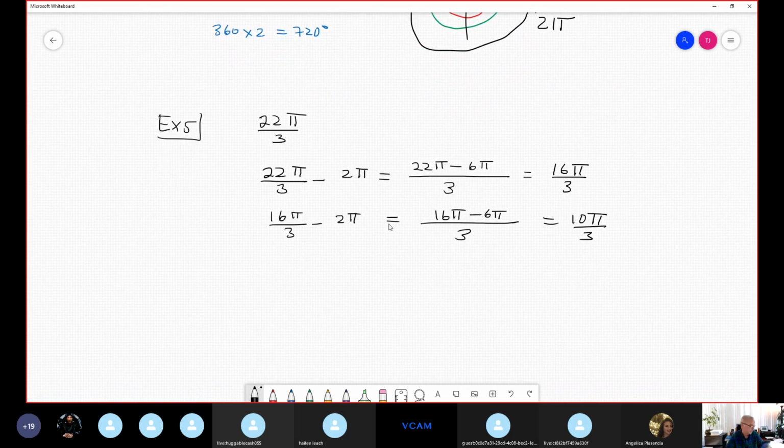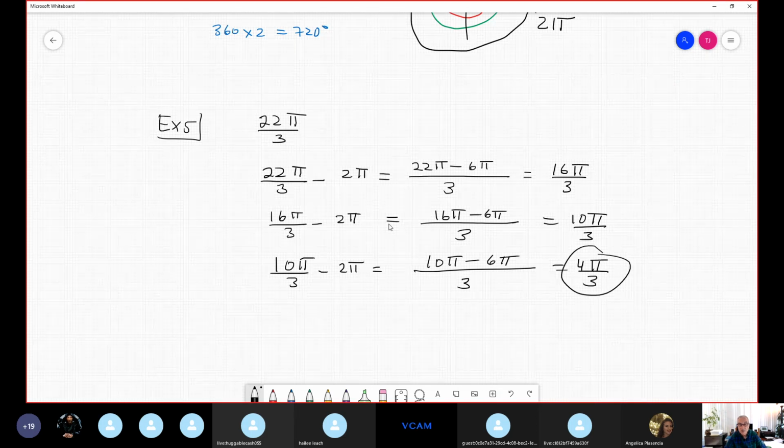Subtracting 2 pi again: 10 pi over 3 minus 2 pi is 10 pi minus 6 pi, which is 4 pi over 3. And you stop here because 4 over 3 is less than 2. 10 divided by 3, no. 16 divided by 3, no.